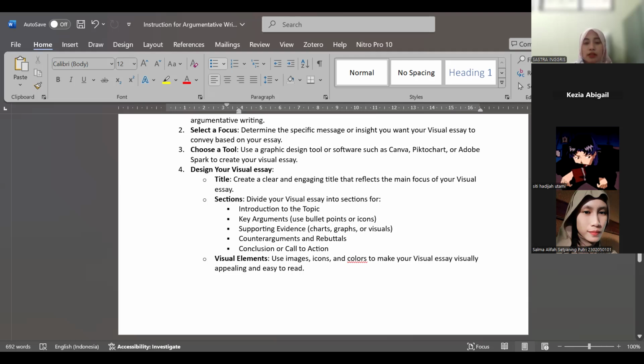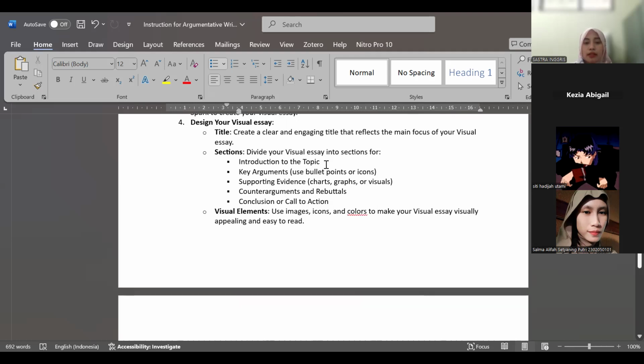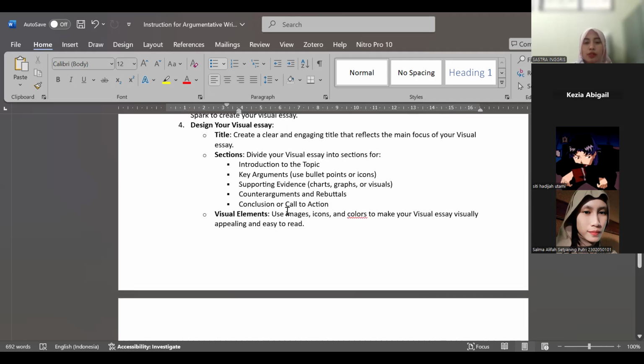The visual essay actually is a follow-up activity, after you're finished making the outline and also the full essay. Then you will proceed to make the visual essay by adding some images or pictures in your essay.